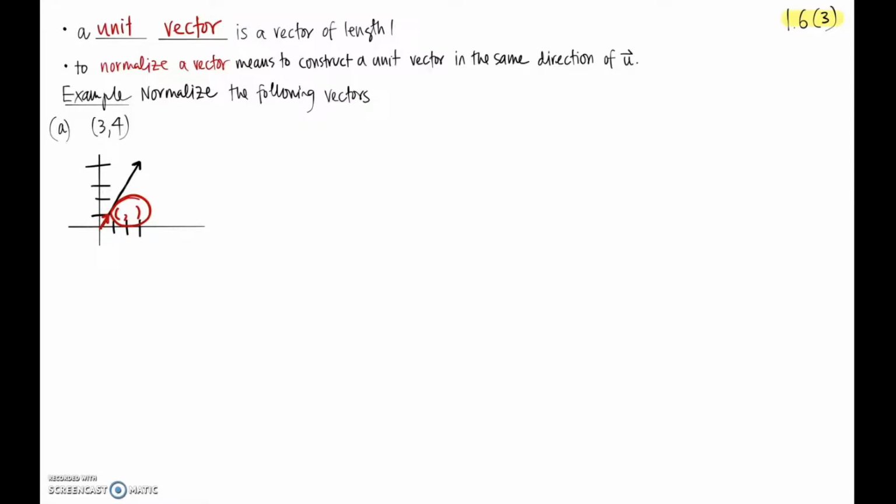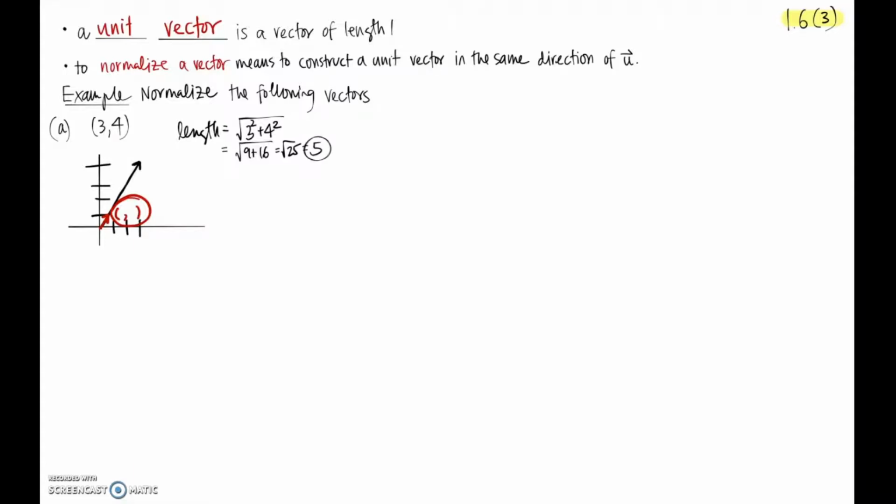The first thing to do is find the length of this, so we find the norm of (3, 4). The length of the original vector is the square root of 3 squared plus 4 squared, which is the square root of 9 plus 16, which is the square root of 25, which is 5.